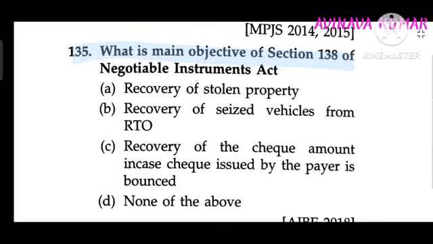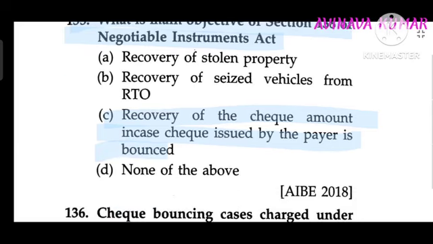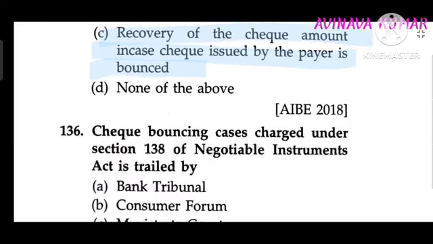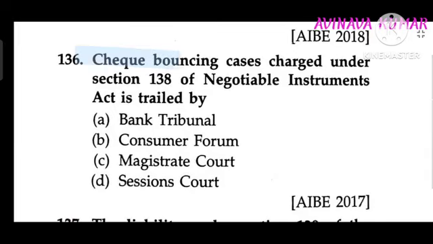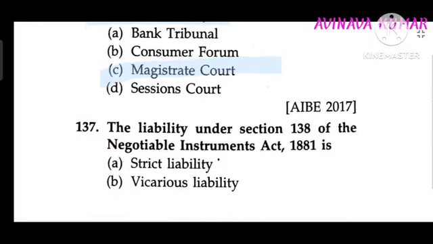What is the main objective of Section 138 of NIA? Recovery of the check amount in cash where the check issued by the payer has bounced. A check bouncing case charged under Section 138 of NIA is tried by the Magistrate Court.